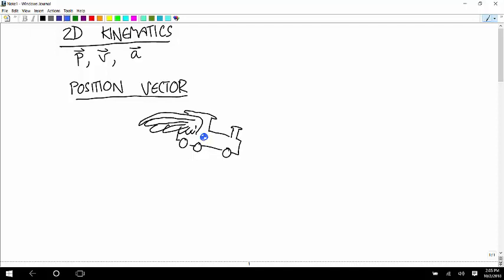The 2-dimensional version of a zero position and a positive direction is, first of all, we have to choose an origin. I'm going to call that scripty O, origin. And then we have to choose an orientation of a coordinate system. So for now, I'm going to choose the one that you're most used to, but that won't always be the case.